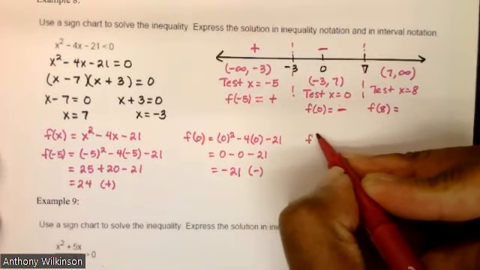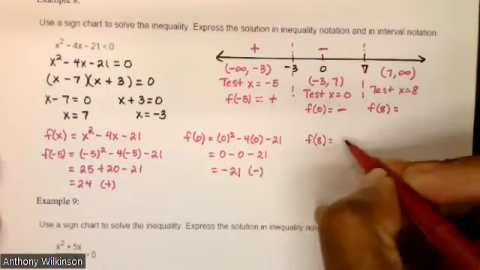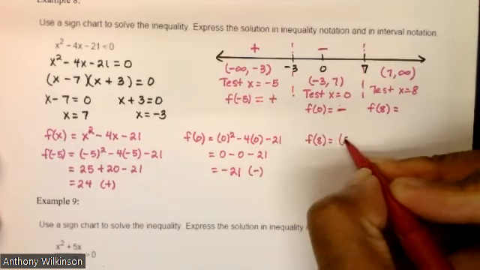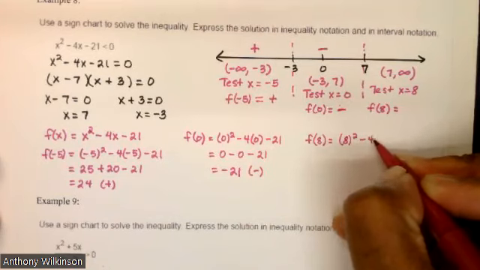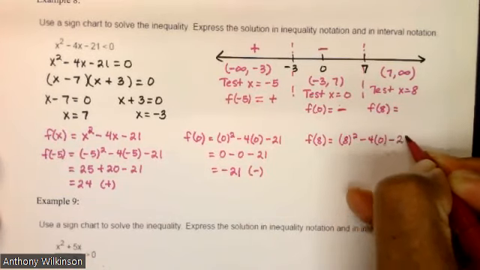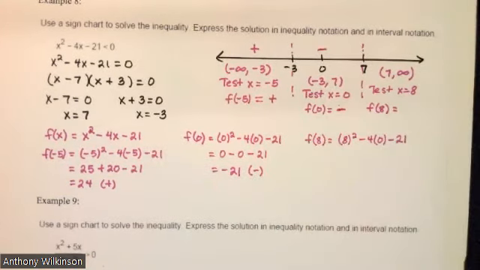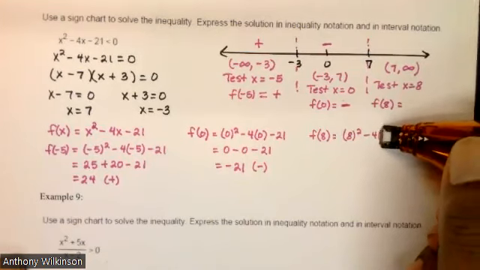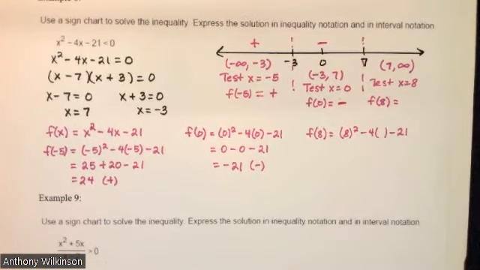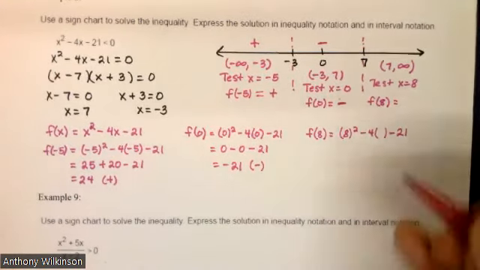So here we just substitute each x with 8. So f of 8 would be 8 squared minus 4 times 0 minus 21. Not 4 times 0, 4 times 8. Because I'm substituting each x with 8.